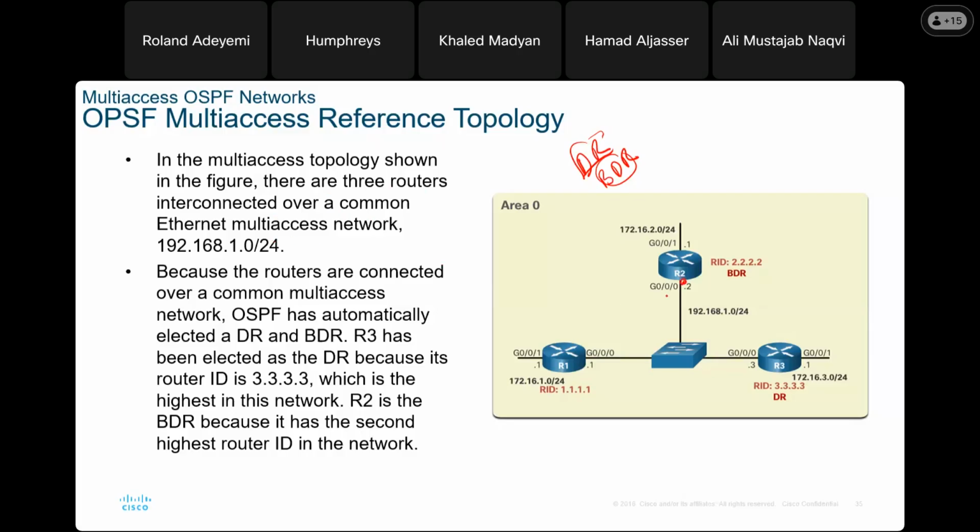We see them. They're all connected on this interface. Now, because the routers are connected over a common multi-access network, OSPF has automatically elected a DR and BDR. How? Router 3 has been elected as the DR. Why did it become the DR? Look at it. Because its router ID is 3.3.3.3.